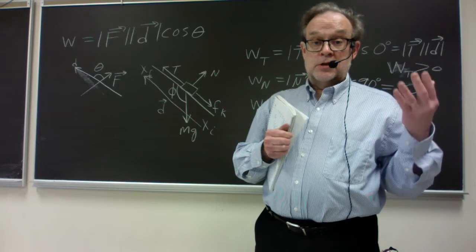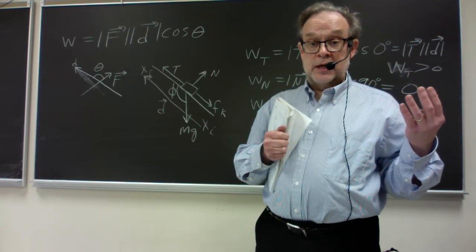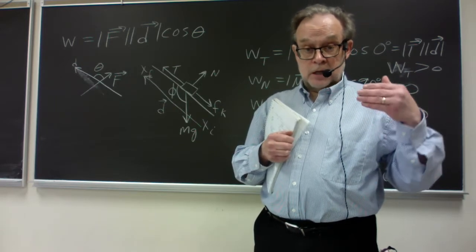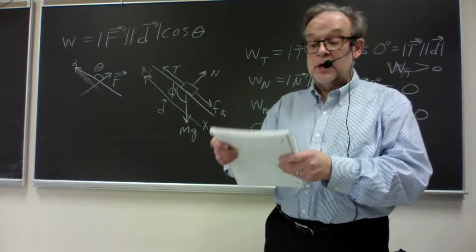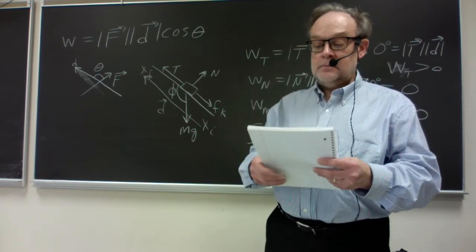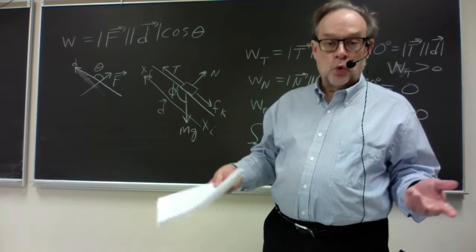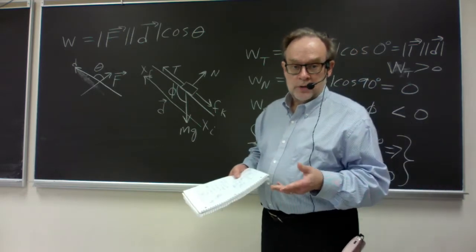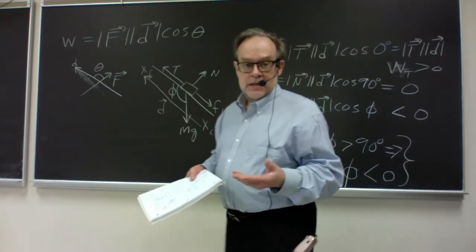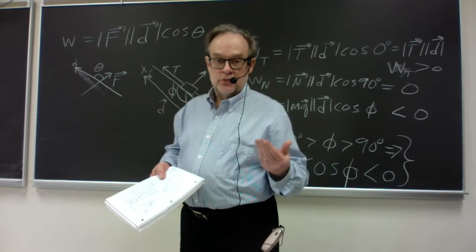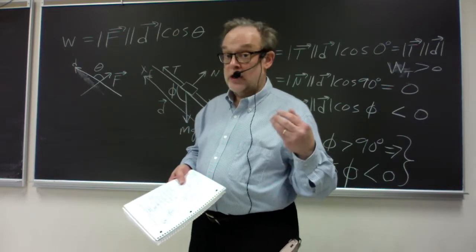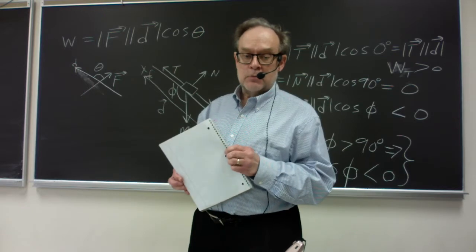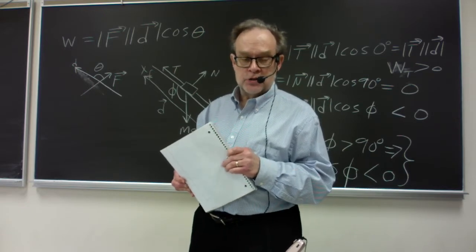In all cases, the process by which energy is moved from one thing to another is called work. Work happens anytime a moving object feels a force, or at least work can happen anytime a moving object feels a force.